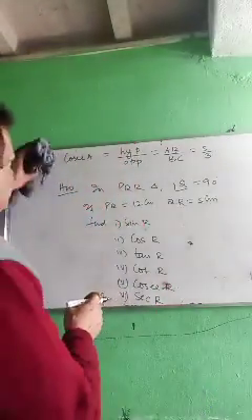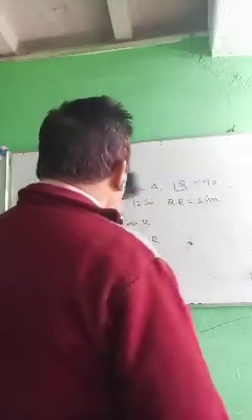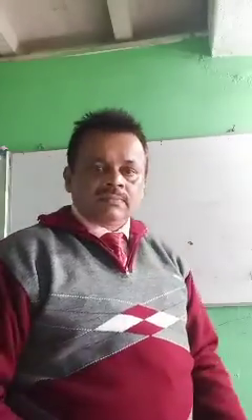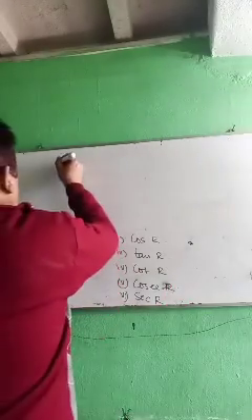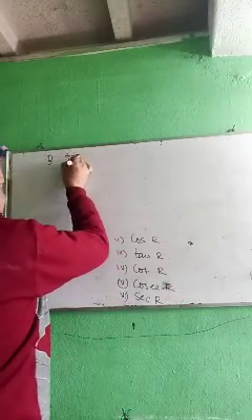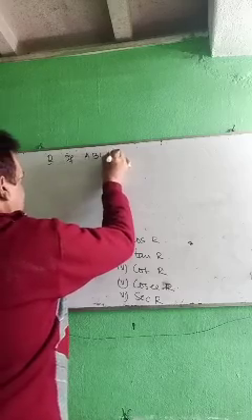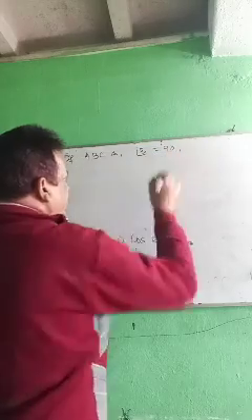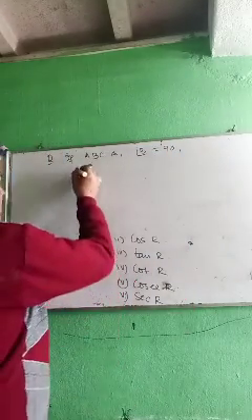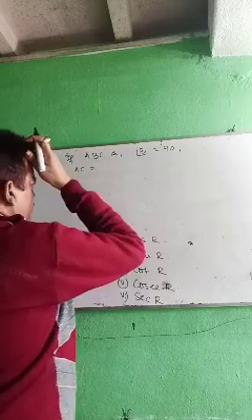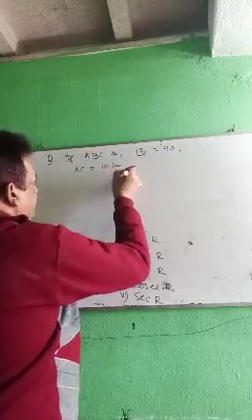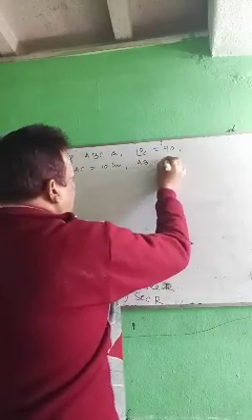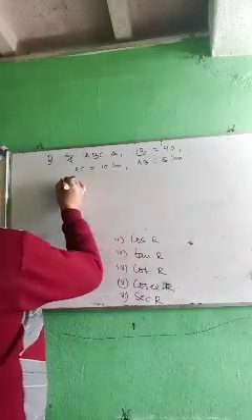Let's take a different question. In triangle ABC, angle B equals 90 degrees. AC equals 10 centimeter, AB equals 8 centimeter.